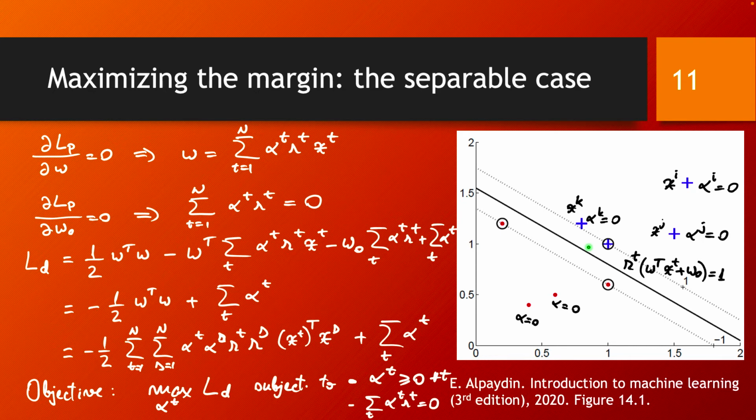So the only thing that we were concerned with was to optimize it, find W and W0 in such a way that this margin should be as wide as possible. In practice, however, you might have a data set, and you will have a data set most often, which is in fact non-separable. There is no way to find a hyperplane that really separates neatly your data points into the two different sides of the hyperplane.